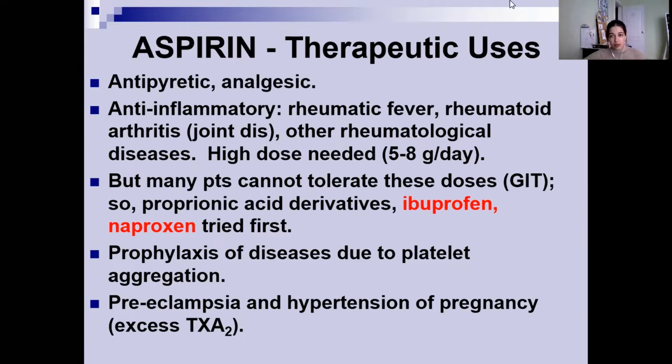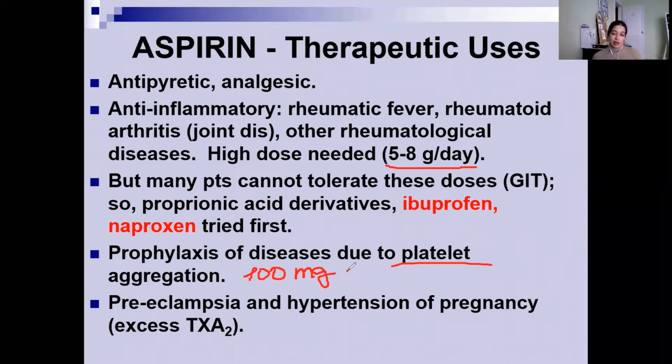In the first case, we had to use such a big dose, 5 grams a day. Yes, it's a very big dose. It's very difficult to use. And for platelet aggregation, we need only 100 mg, 125 and so on. But these doses can also lead to some toxicity, but of course less.